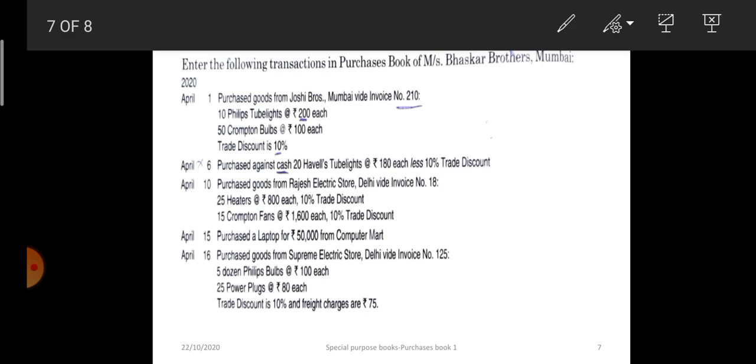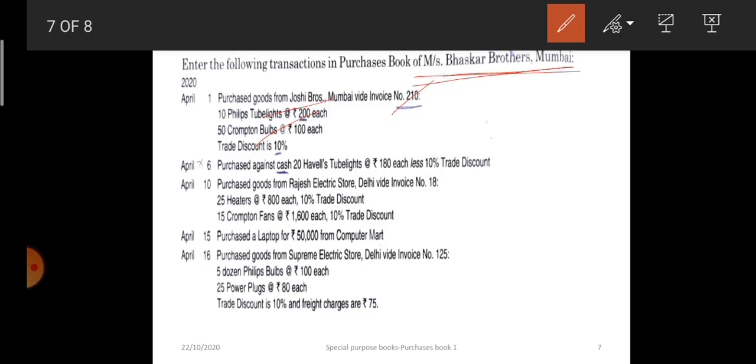Now let's take illustration 2. Here they have given the invoice number. Tube lights are purchased, bulbs are purchased. That means this businessman deals in electrical items, tube lights, bulbs and all.